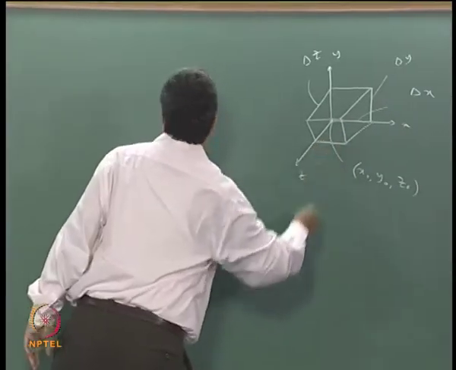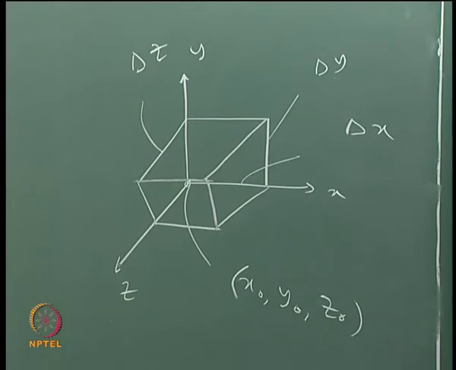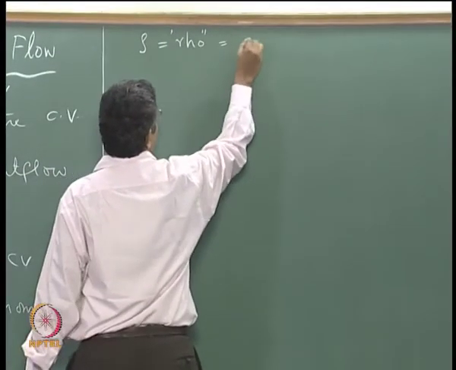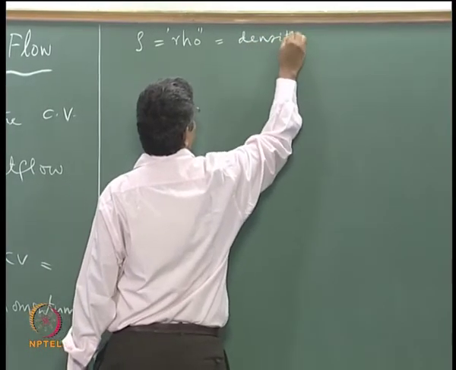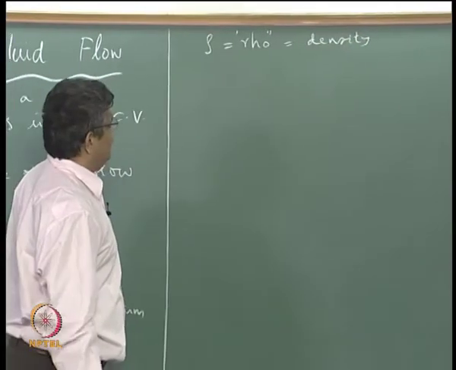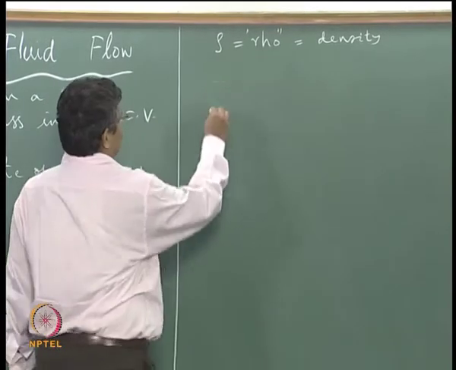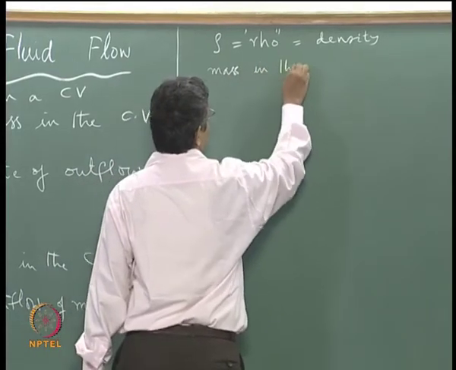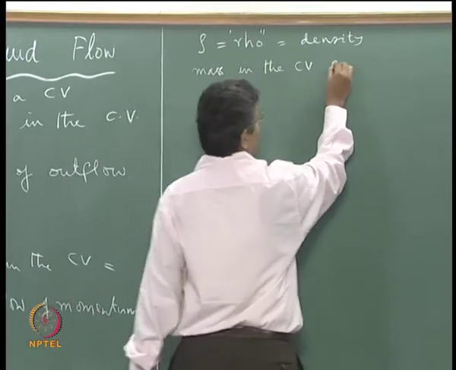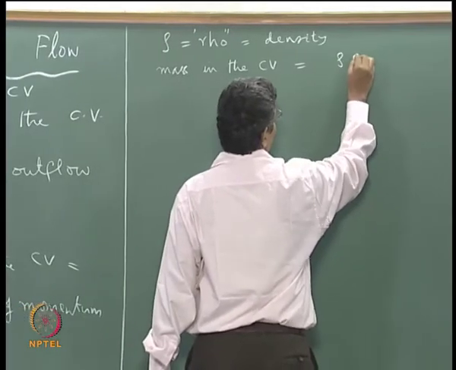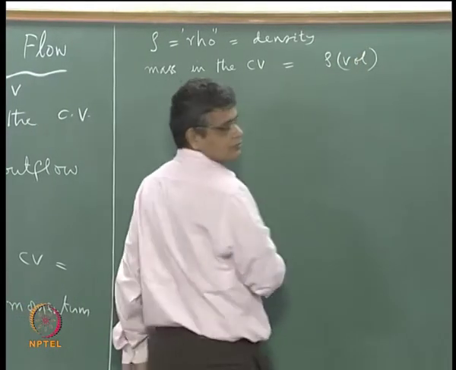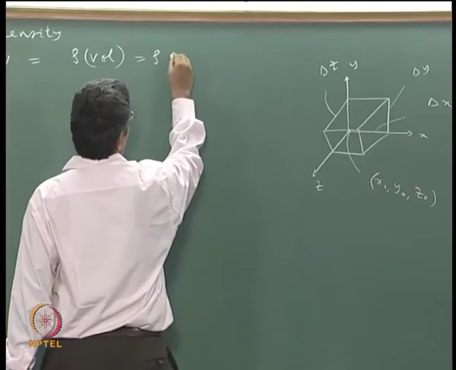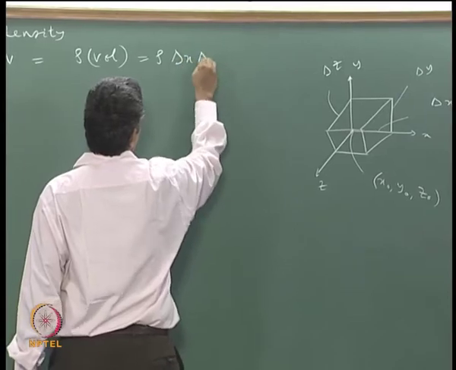So we have a fluid, and the fluid has a certain density rho. This is the Greek letter rho describing the density of the fluid, so that the mass within the control volume can be given as rho times volume, and volume for this rectangular parallelepiped is delta x, delta y, delta z.